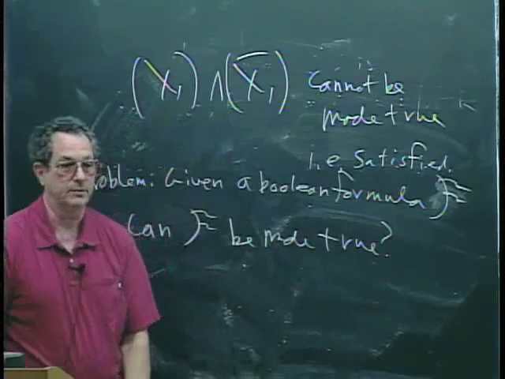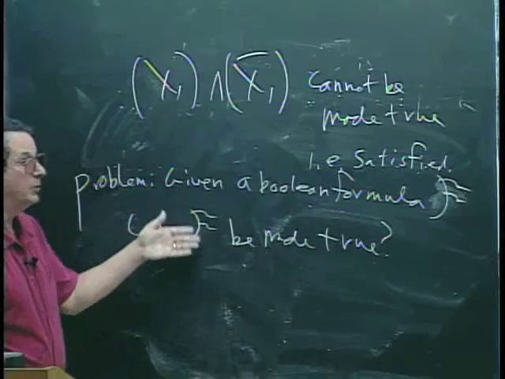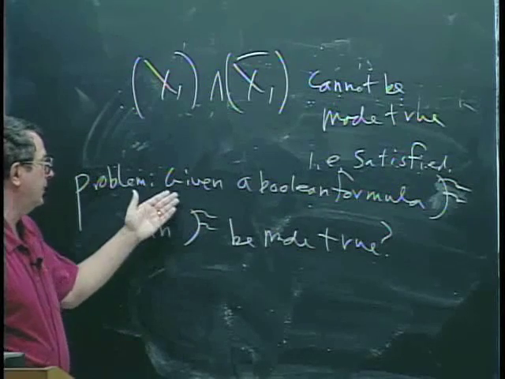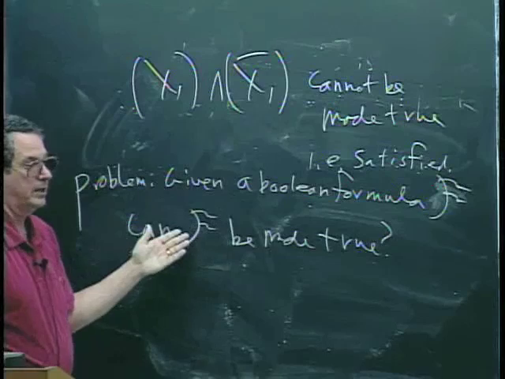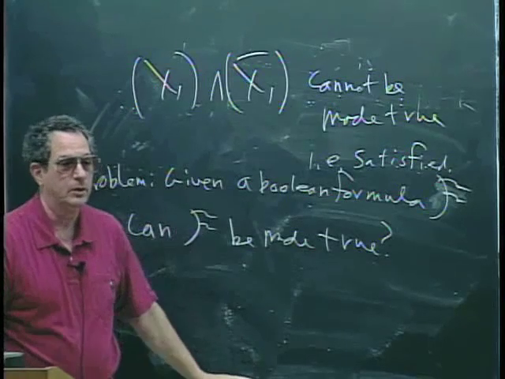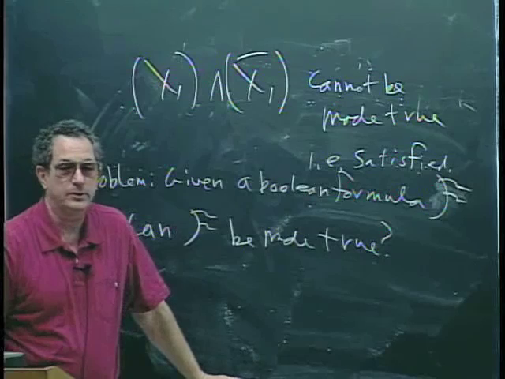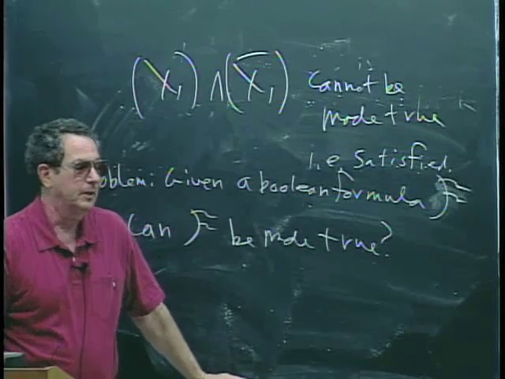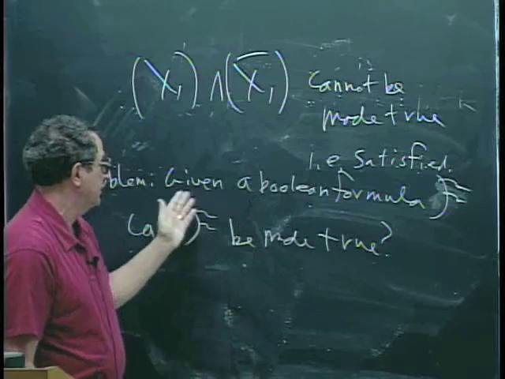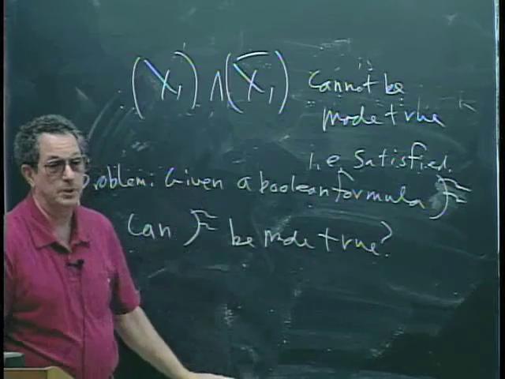Can it be satisfied? So this is a yes-no problem, okay? And probably everybody has had a course, CS20 or some logical circuit design course or something, where you've seen an algorithm that actually solves the satisfiability problem.